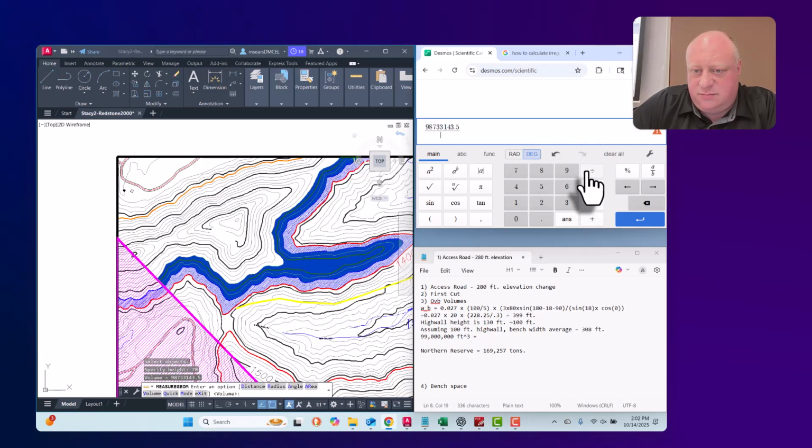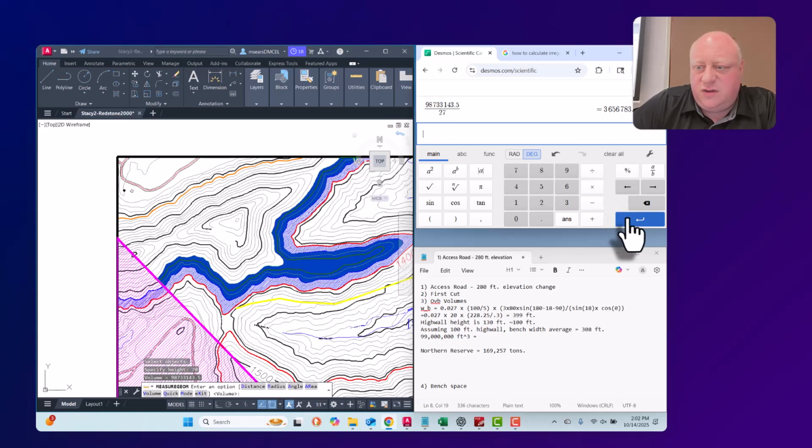And then we'll divide that by 27 to get bank cubic yards. And so that leaves us with about 3.6 million, 3.7 million. Then we'll just say 3.66 million bank cubic yards there, right?